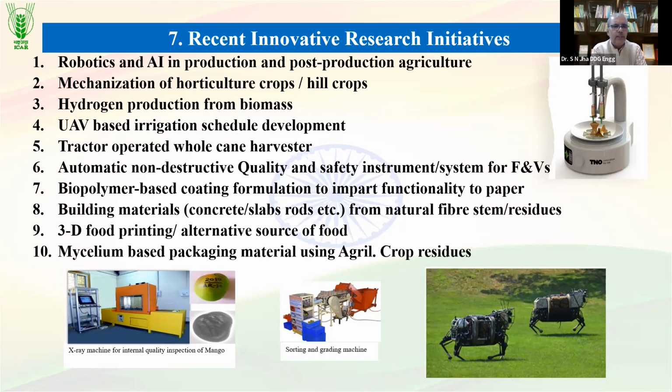You may be knowing that this non-destructive system, particularly NIR, image analysis, X-ray, ICAR brought first time at CIPHET Ludhiana in 2022, and now we are fully mature to give the commercial unit.